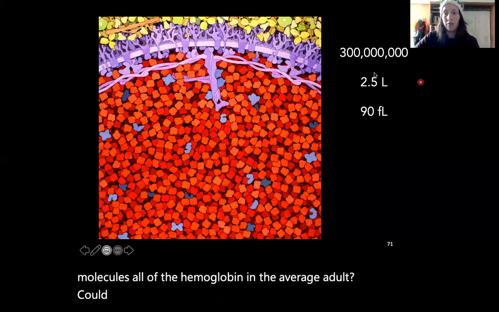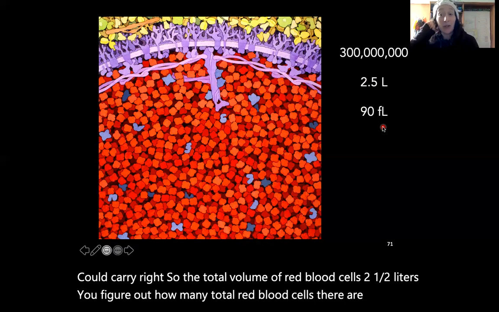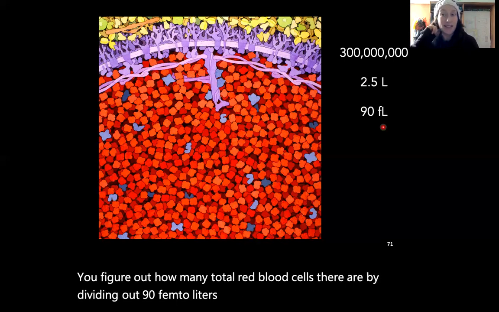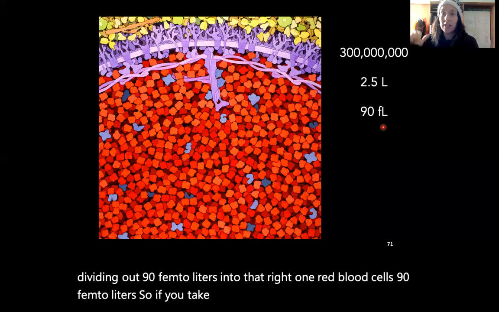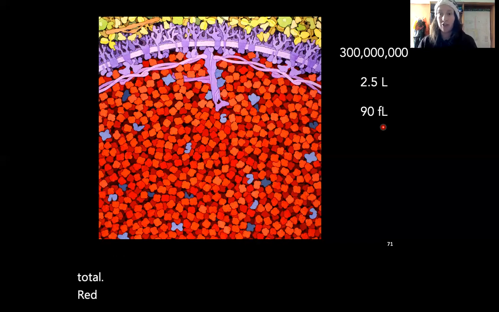You know the total volume of red blood cells, 2.5 liters. You'd figure out how many total red blood cells there are by dividing 90 femtoliters into that. One red blood cell is 90 femtoliters. So if you take those 2 numbers and work your dimensional analysis, you should be able to figure out how many total red blood cells there are in the average adult.